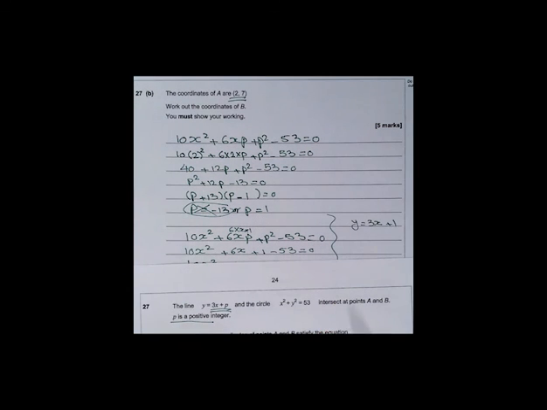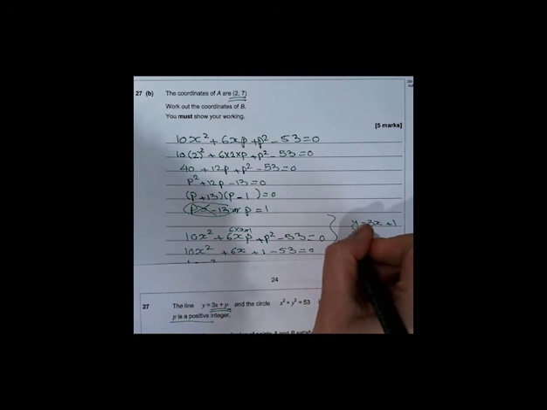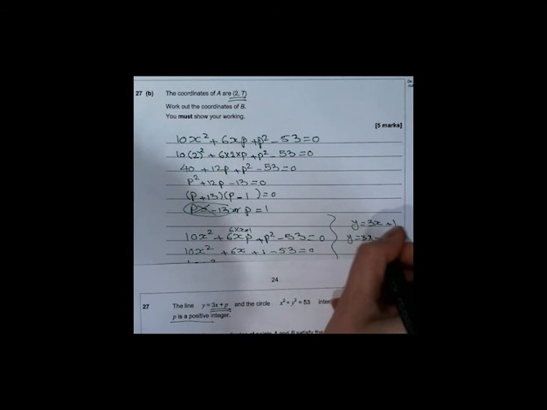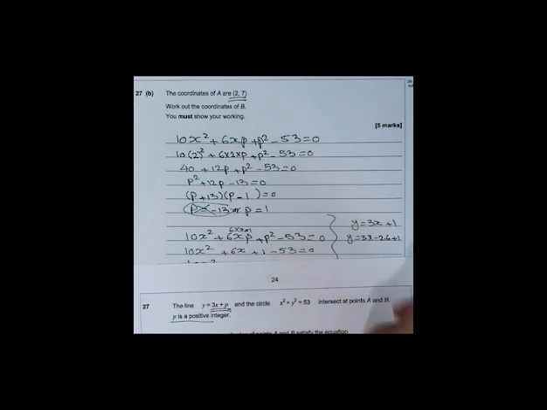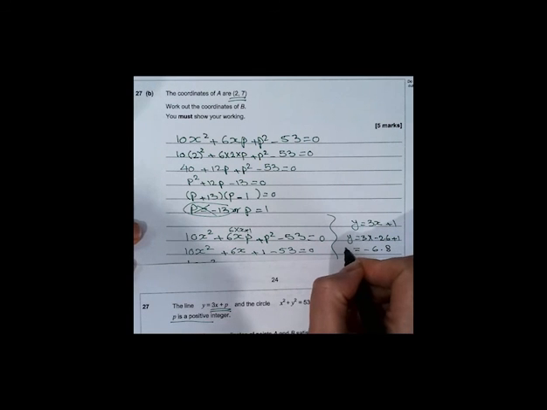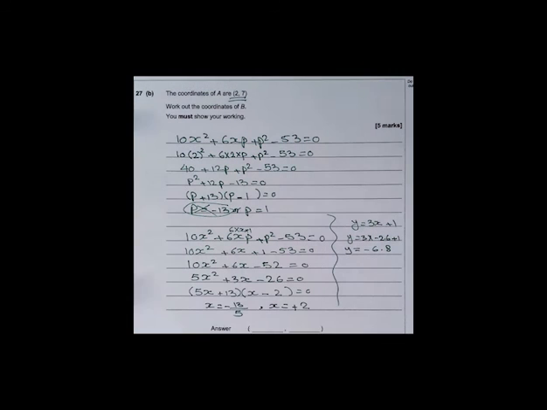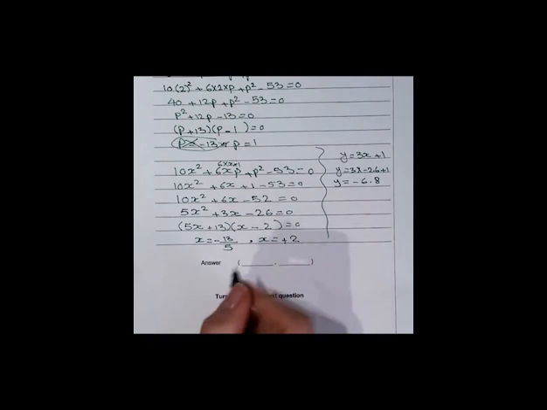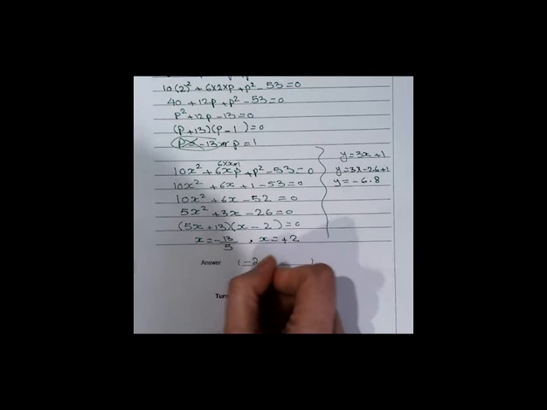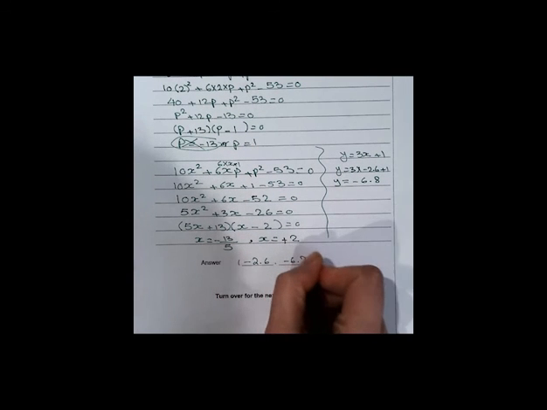When x equals negative 2.6, y equals 3 multiplied by negative 2.6 plus 1, and this is going to be equal to negative 6.8, which means when x equals negative 2.6, y equals negative 6.8, and these are the coordinates of point B.